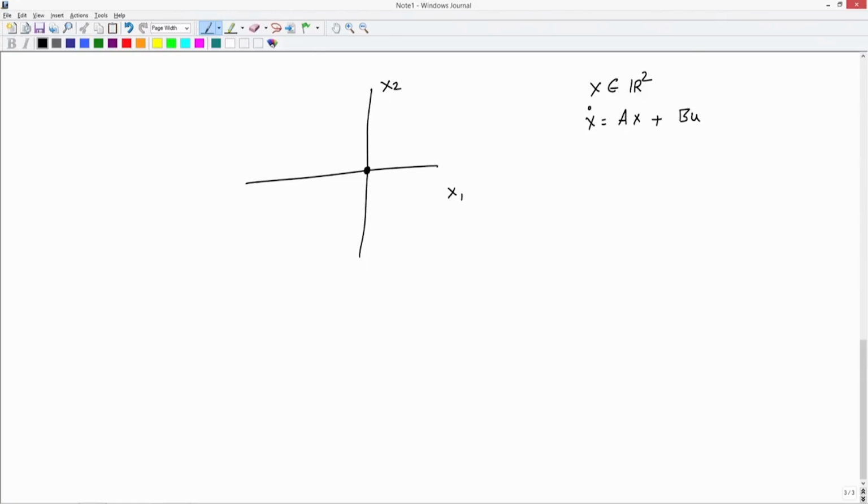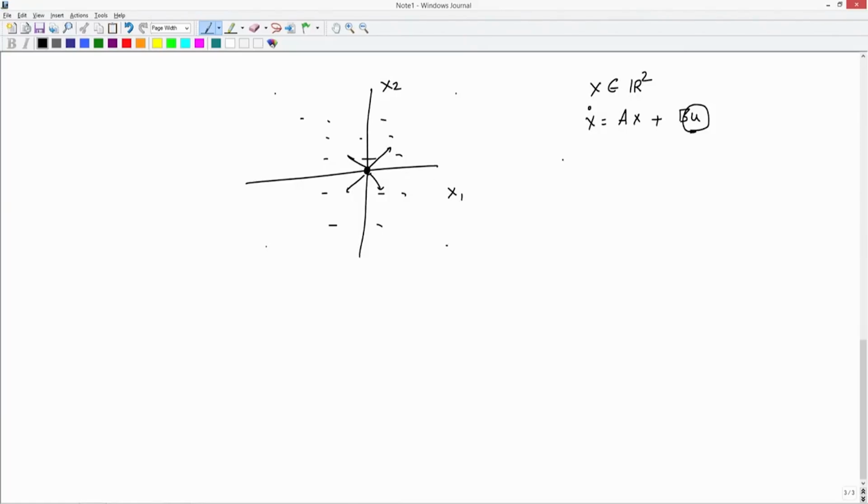Now, I would ask myself a question: with any given u, which is arbitrary, unconstrained, but bounded, what are the directions I can move? So, let us say I can move this direction, this direction, this direction, this direction, all 360 degrees, right. So, this would mean that starting from the origin I can reach any other point in the x1 x2 plane.